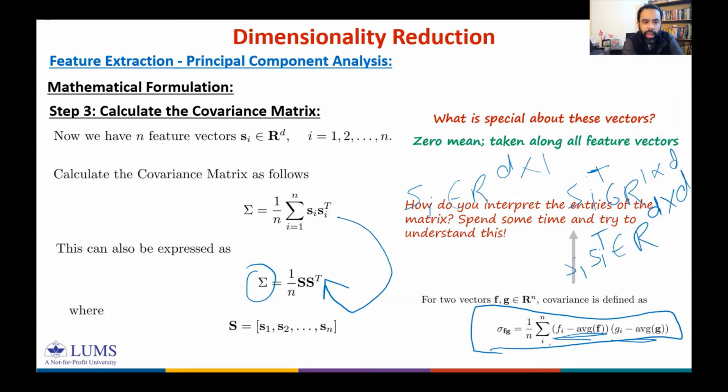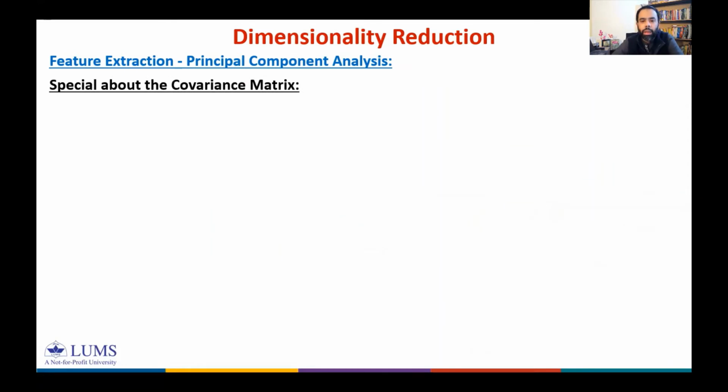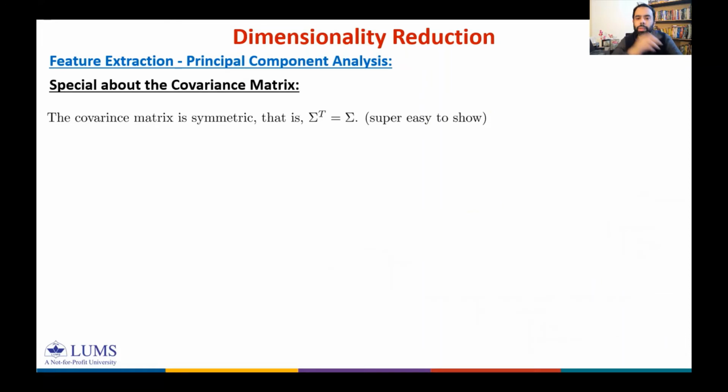So we have this covariance matrix, S into S transpose. What is special about it? This covariance matrix is symmetric by definition because it is S into S transpose. If you take the transpose of this matrix, you get (S into S transpose) whole transpose, and you simply apply the matrix equality that (A into B) whole transpose equals B transpose into A transpose.